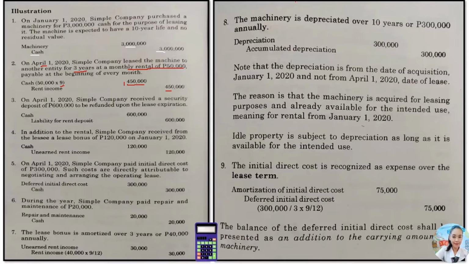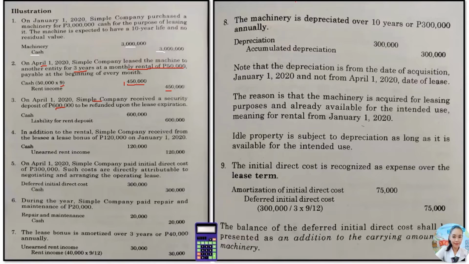So, Simple Company as a lessor, naa siya liability nga iuli sa another entity ang security deposit later on at the lease expiration.